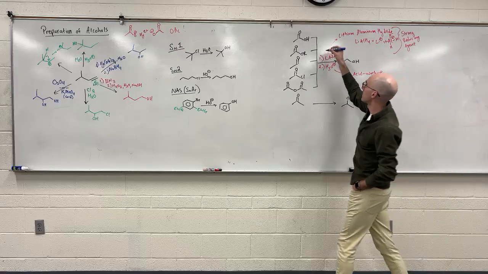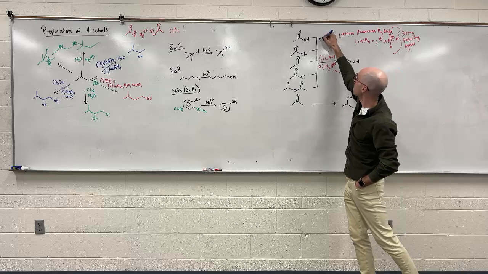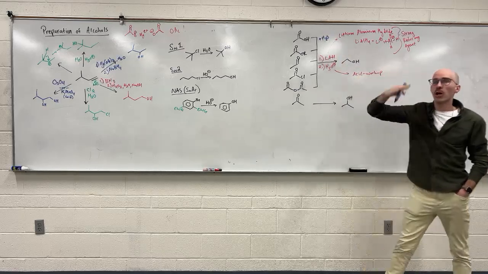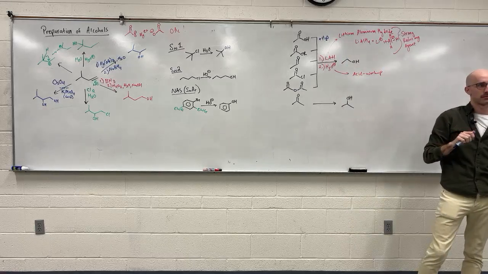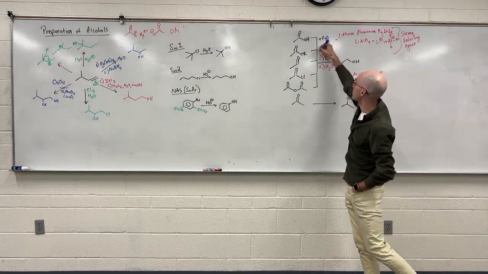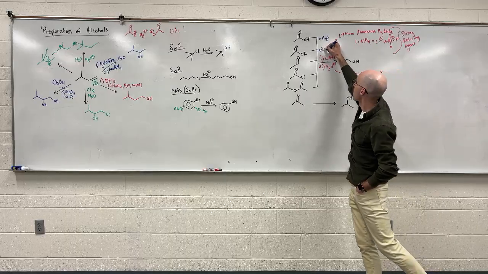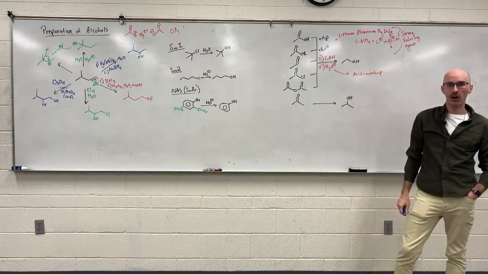When carboxylic acid is reduced, it forms an alcohol plus water as a byproduct. When the ester is reduced, it forms this alcohol plus a second alcohol.